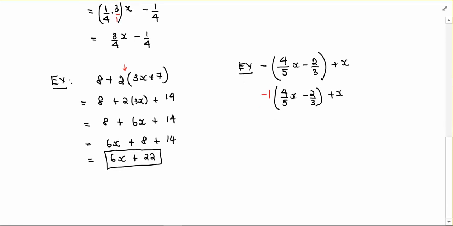So this becomes now -1 times 4/5 x minus -1 times 2/3 plus x.